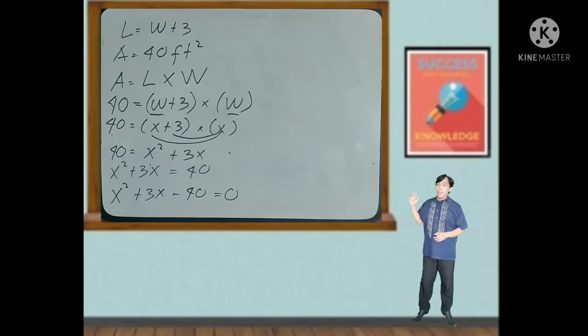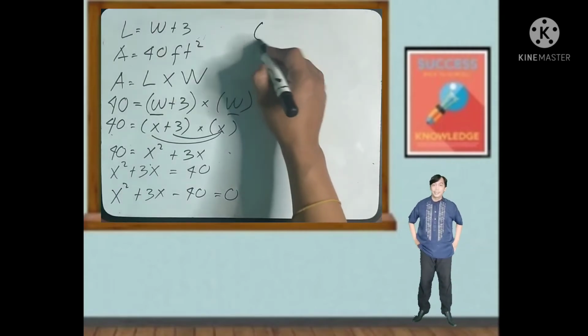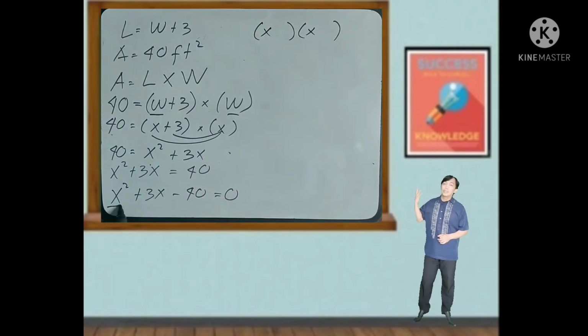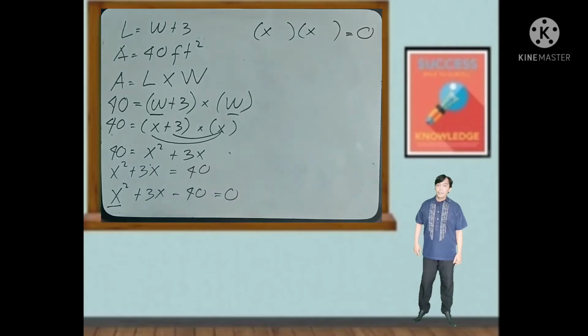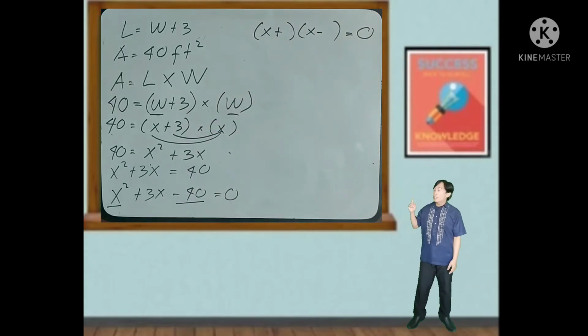Okay, so here let us now try to factor it out. We will use the factoring method. So we have the quantity X and X, so that we have the product X squared. So that should be equal to 0. So let us now try to have negative 40. One will be positive and one will be negative.